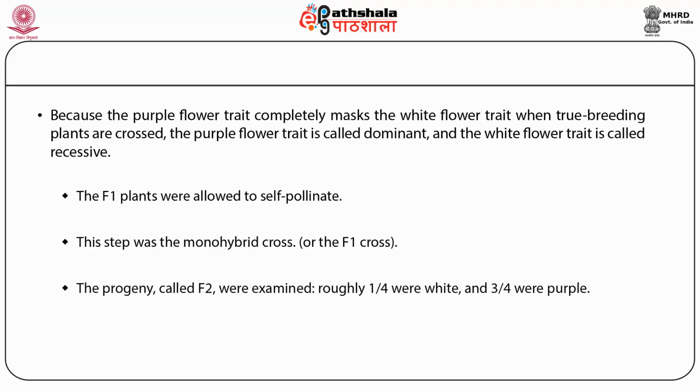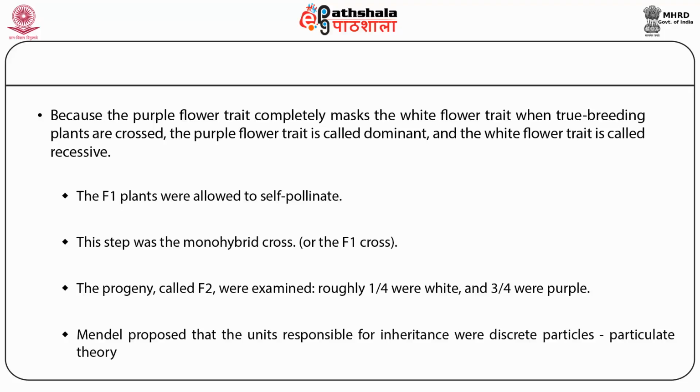The progeny called F2 were examined and he got roughly 1:4 white and 3:4 purple. Mendel proposed that the units responsible for inheritance were discrete particles. So in this way he has given particulate theory.